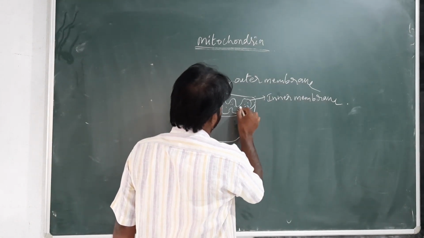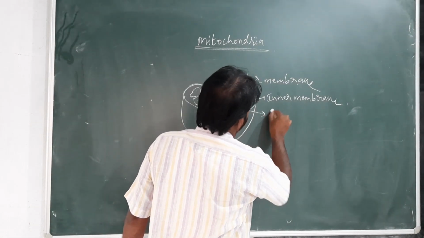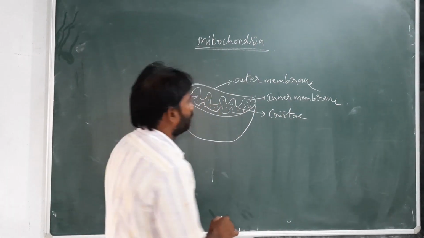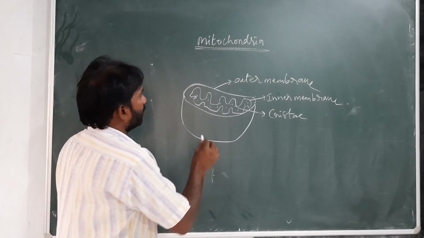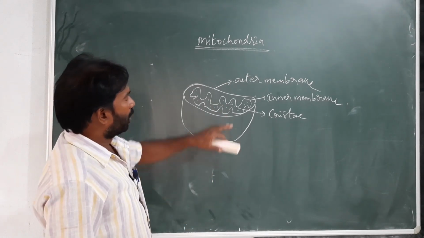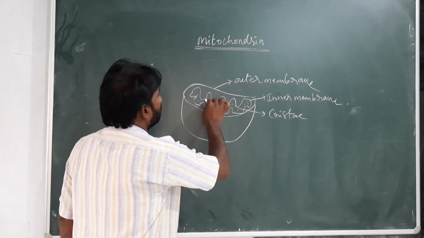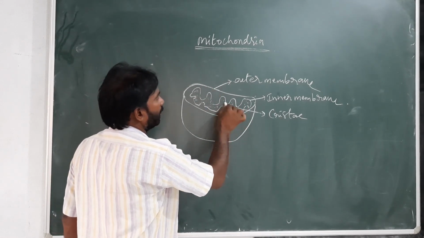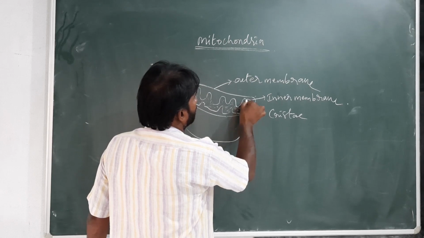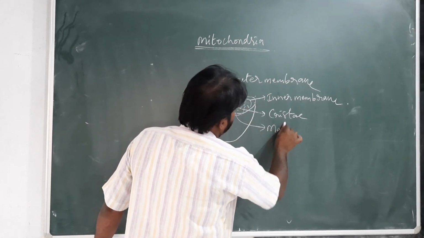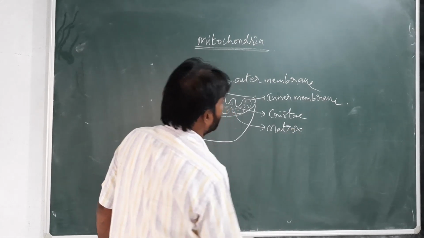These folds are called cristae. Also, the space within the inner membrane is filled with a liquid portion, that is called the matrix.